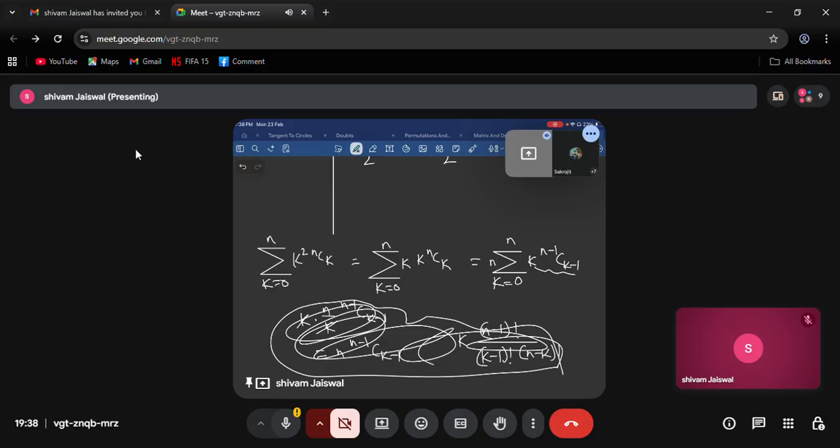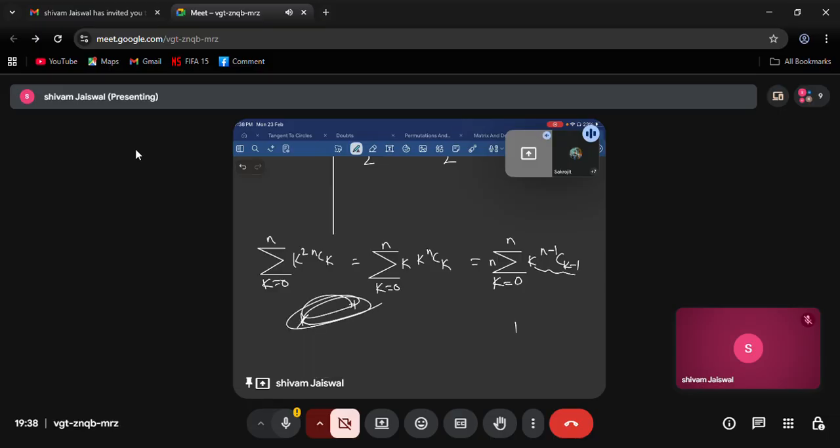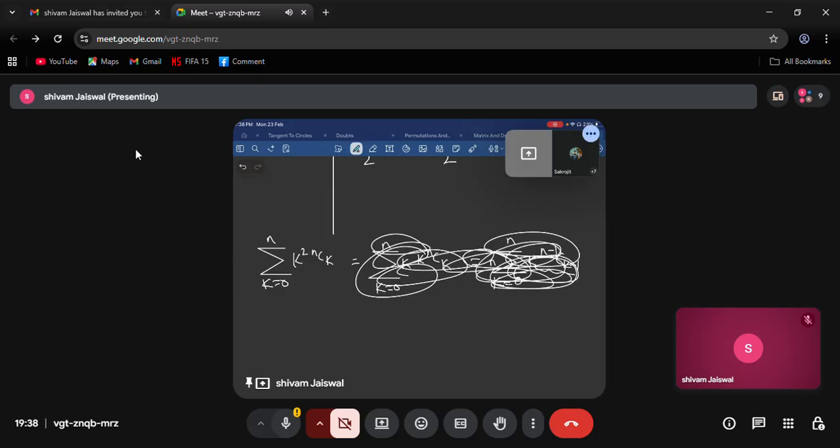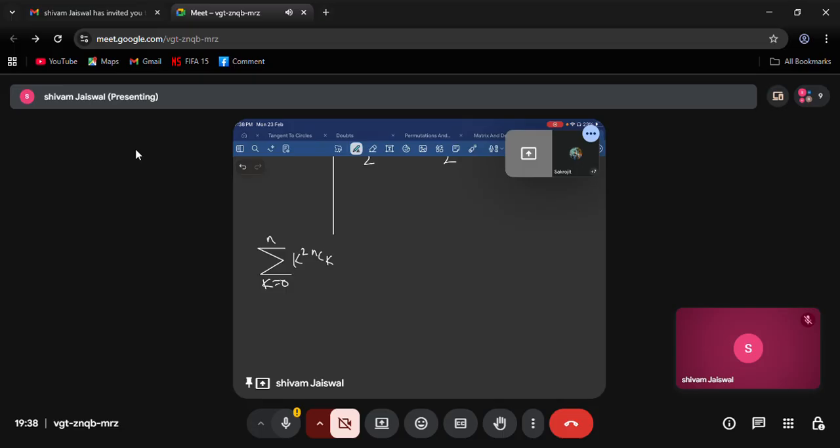So if this summation is not coming like this, what we can do is, pay attention. Summation of k square into nCk. It is not coming like this.